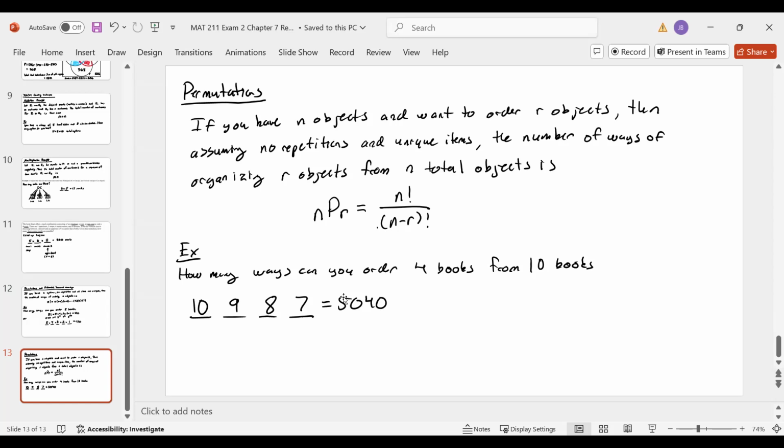So the formula says, okay, if I use the formula, 10 factorial over 10 minus 4 factorial, like that. So if I write out 10 factorial, that's actually not a very good way of writing it. Let me do this, dots.